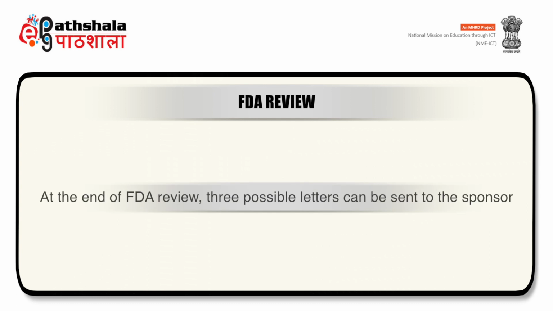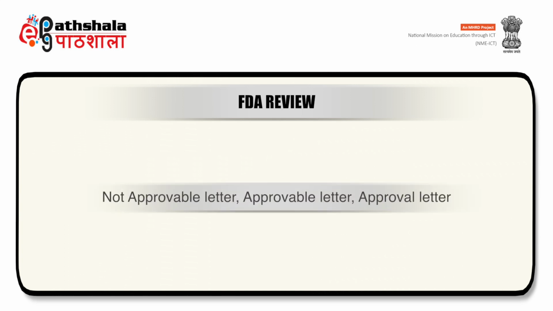At the end of FDA review, three possible letters may be sent to the sponsor: not approvable letter, approvable letter, or the approval letter. In the first two cases, there may be certain concerns with the drug which is to be launched. The queries raised by the FDA may be answered by the sponsor.